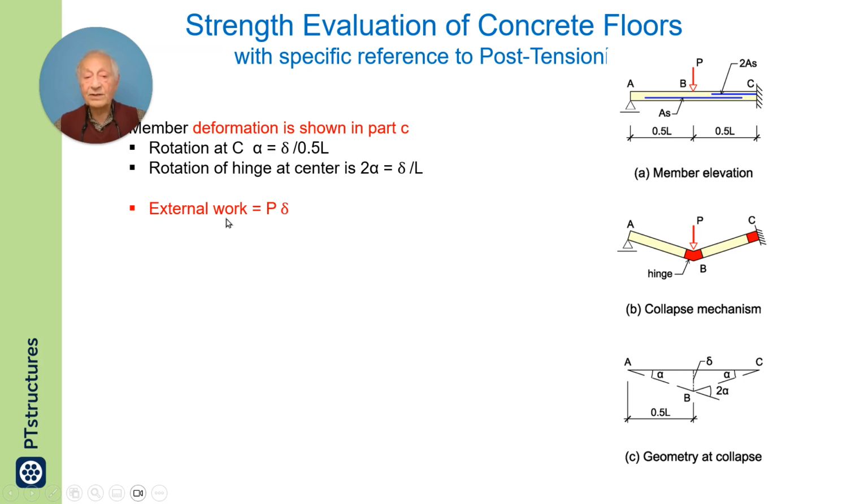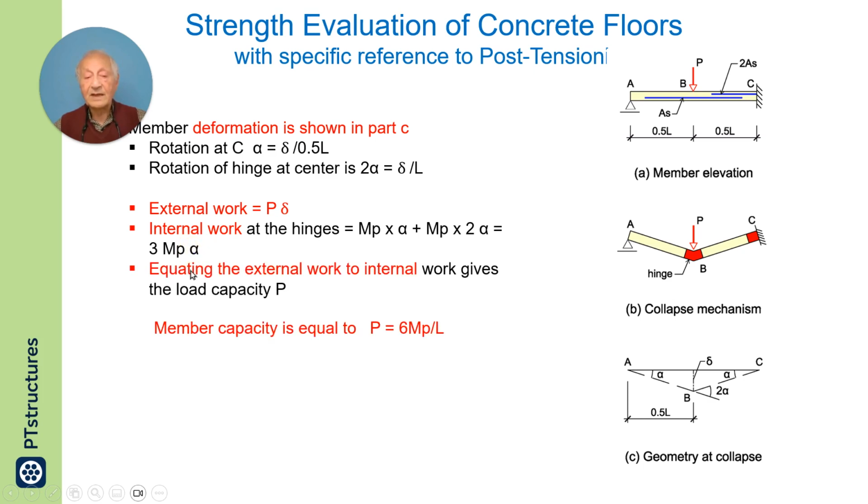The work done with the external force is P, which is the force, times its displacement. So internal work is plastic hinge times rotation, plastic hinge at the midspan times its rotation, giving 3 MP alpha.